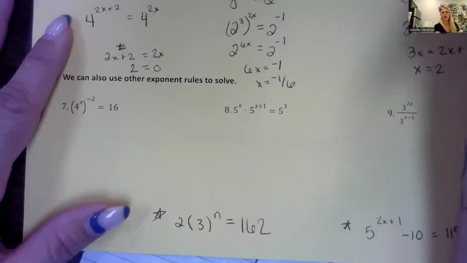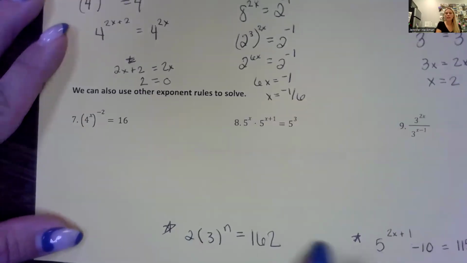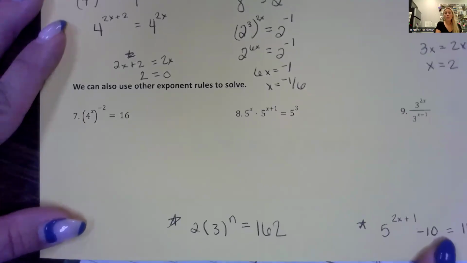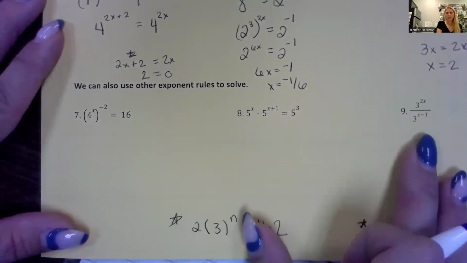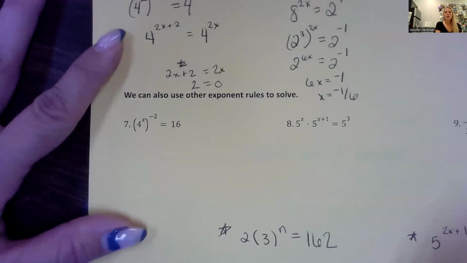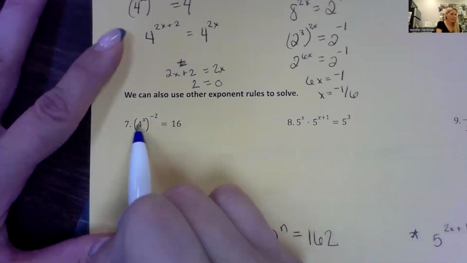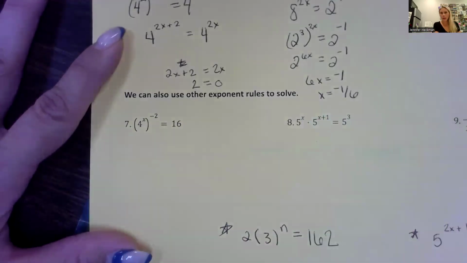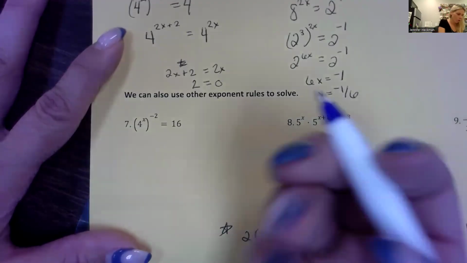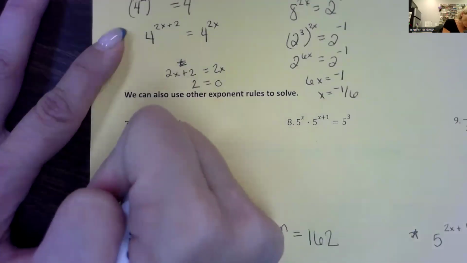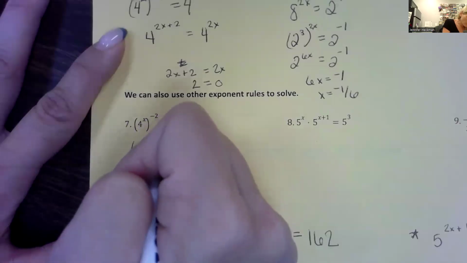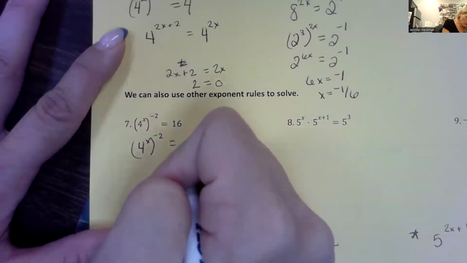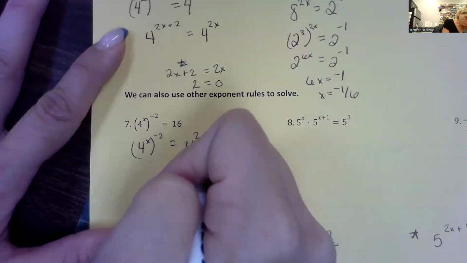Okay, let's get into more complicated questions. Now, I also added these two down here. I probably don't have much room to do it, so we'll see if I can save some space up here. Okay, so right away, I see my base is 4 and 16. What do they have in common? Again, you could use 2 if you want to, but you can also use 4, which means this is already in the base of 4. 16 is 4 squared.